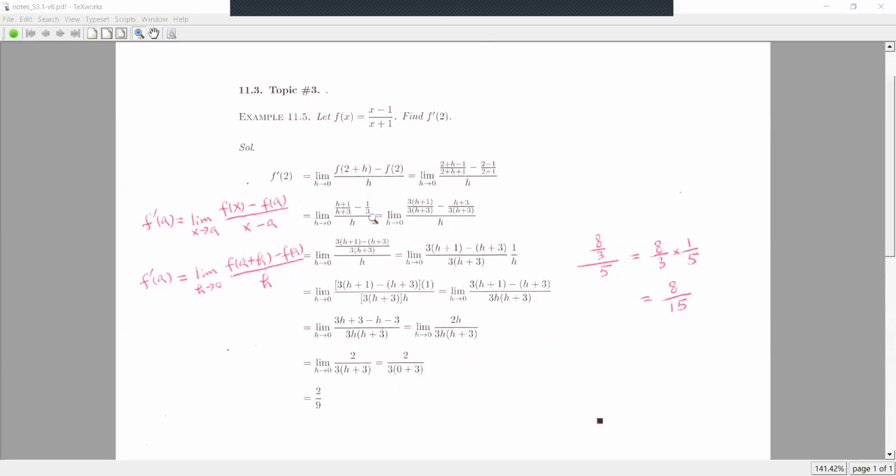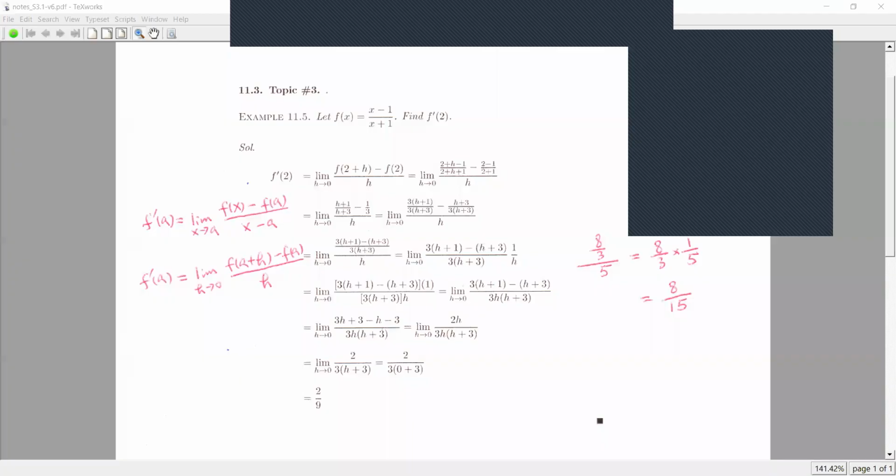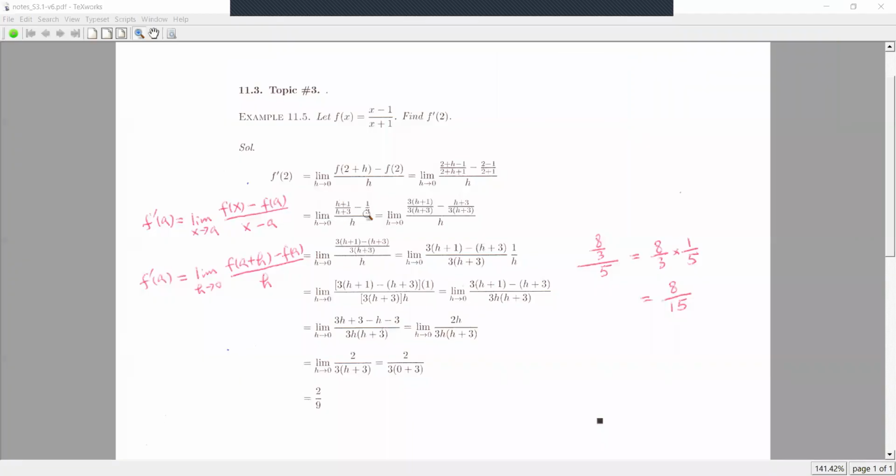Now, to find this limit, plug in 0 in h. But then we have 0/0. We cannot tell what is 0/0. So to find this limit, we need to simplify this function. Because the numerator is a fraction minus a fraction, I want to use a common denominator to simplify the function.